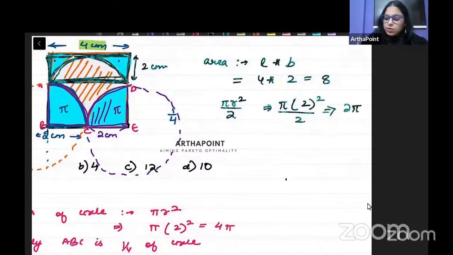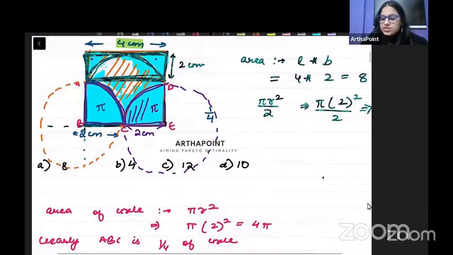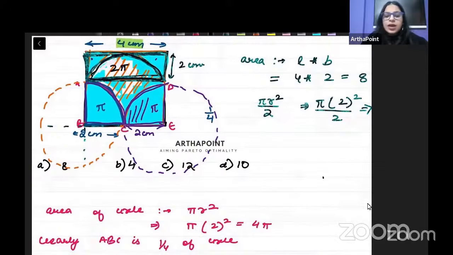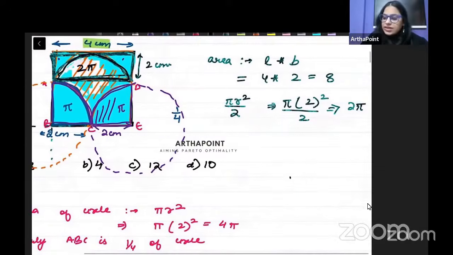So, try to think about it. I have found out that the area of this semicircle is 2 pi. And I have found out that the area of this rectangle is 8. So what is going to be the area of this shaded region, the one I am marking in pink?